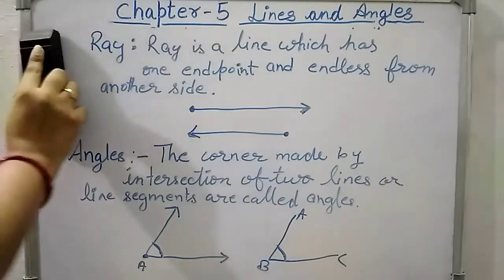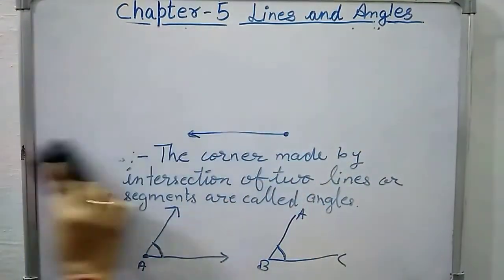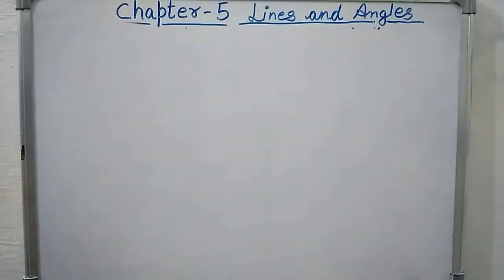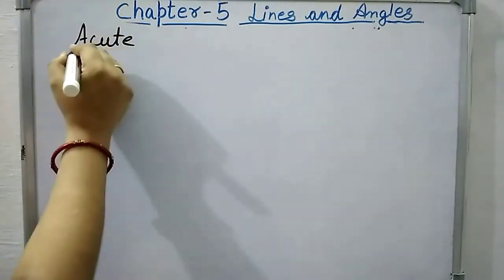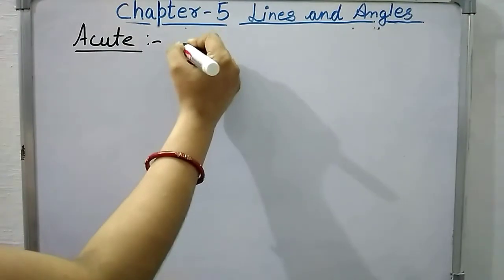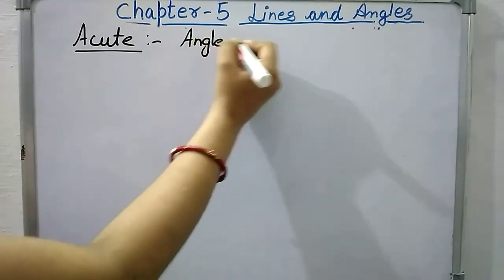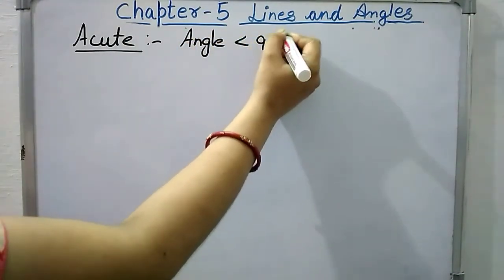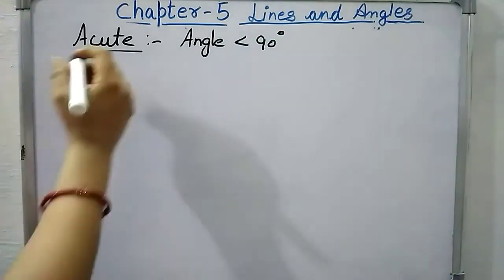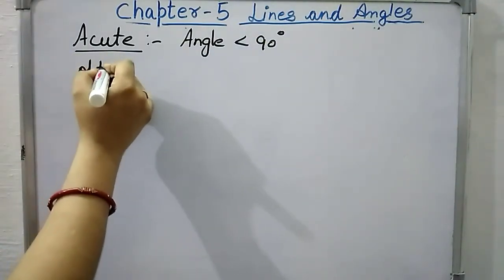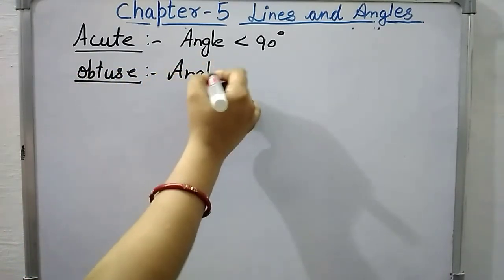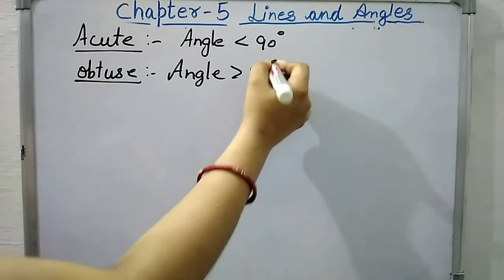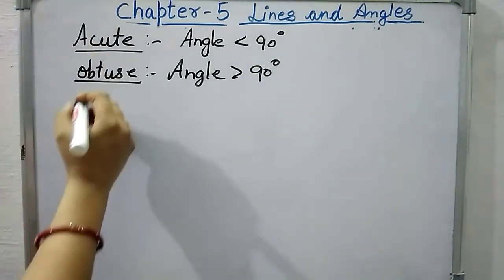Now we had studied different types of angles. Like acute angle, the angle which is less than 90 degrees is called an acute angle. Obtuse angle, the angle which is greater than 90 degrees is called an obtuse angle.